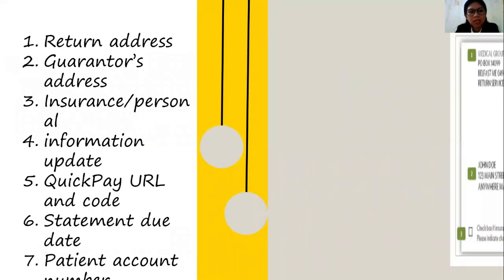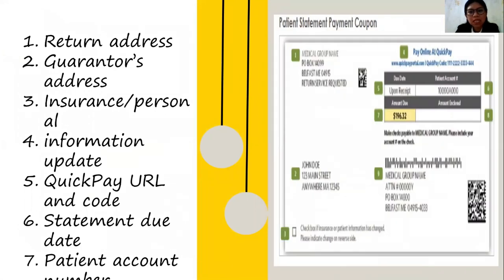Next is a sample of a patient statement payment coupon. So first, you can see the return address, where you can see the medical group name and its address. Second, the guarantor's address in the lower part.